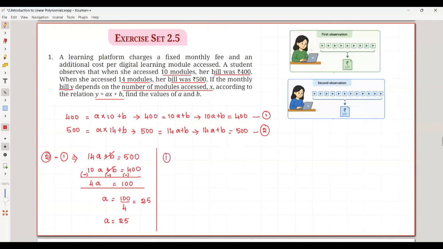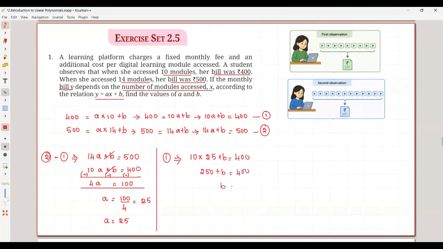From equation number 1, I'm substituting A is equal to 25. So 10 into the A value, 25, plus B is equal to 400. Now 10 into 25 is 250, plus B is equal to 400.